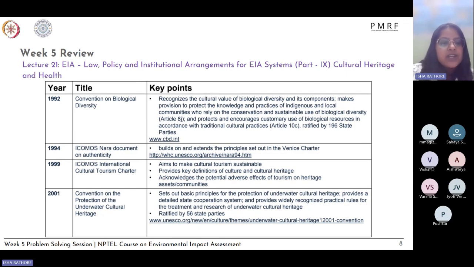In 2001, we had the Convention on the Protection of the Underwater Cultural Heritage. So, for sites which are underwater, their identification and basic principles on how to protect them. This has been signed by 56 parties.